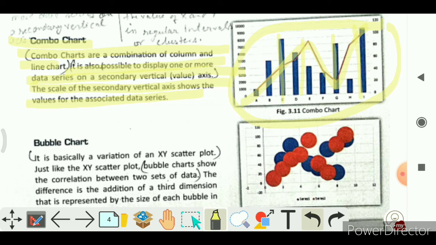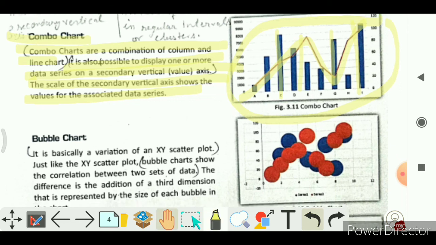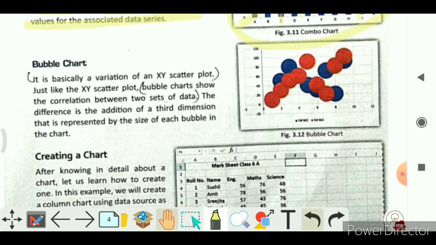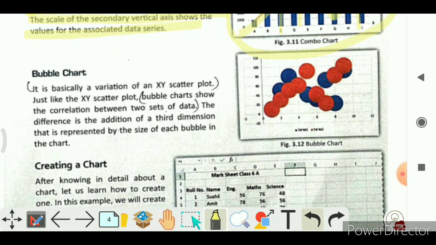Now our next chart is the bubble chart. Bubble chart is similar to the XY scatter chart, but here the thickness of the dots determines the third dimension, some variation or some other specification.